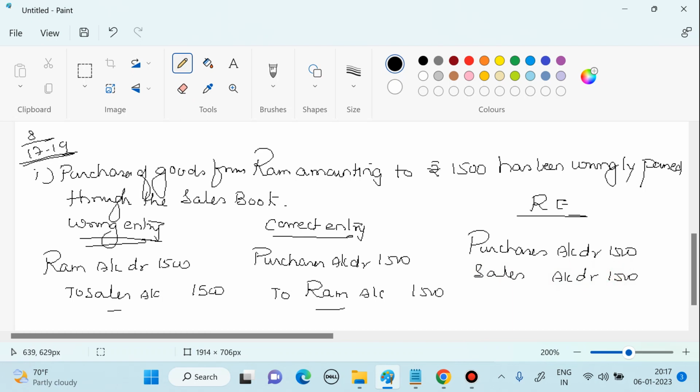Now, only Ram account is there. Ram account should have been credited with 1,500, but we made a mistake of debiting him. So we have to credit Ram as is required, but not with 1,500 but with 3,000. Why? 1,500 to create this credit of 1,500 and other 1,500 is to nullify this debit. Getting it?